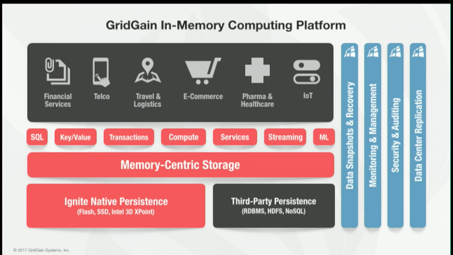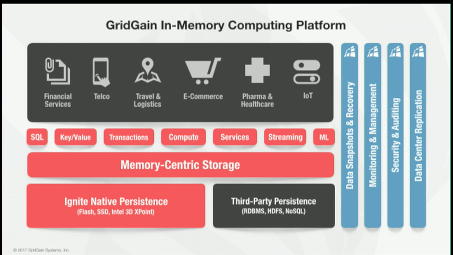The data storage is primarily in memory, but it can be integrated with different types of persistent layers, including any type of third-party persistent storage, like a relational database, HDFS, or whatever else. And we also have our own Ignite native persistence option.